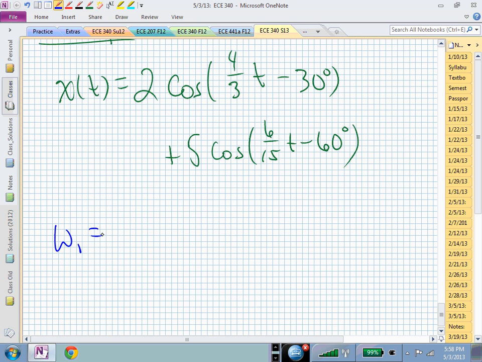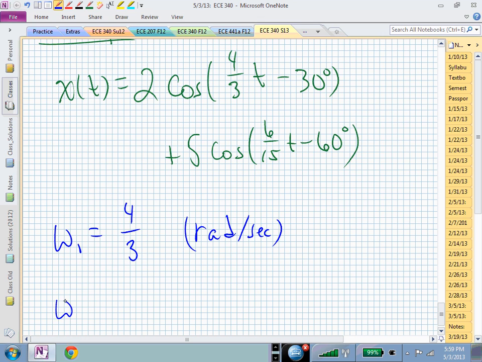What's the frequency of the first one? Let me just call it omega sub 1 for the first component. This is not hard, but you just have to put it all together. That's just 4/3, so a little bit more than 1 and 1/3 for omega sub 1 in radians per second.